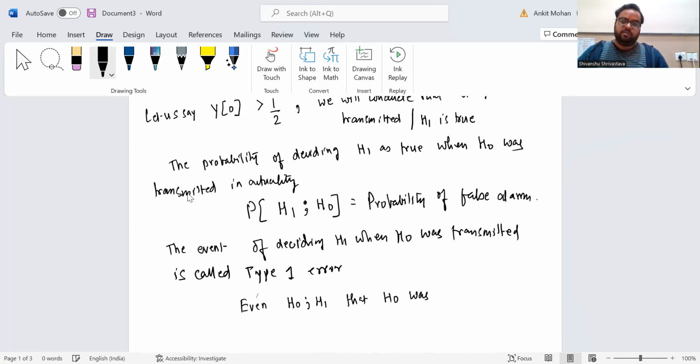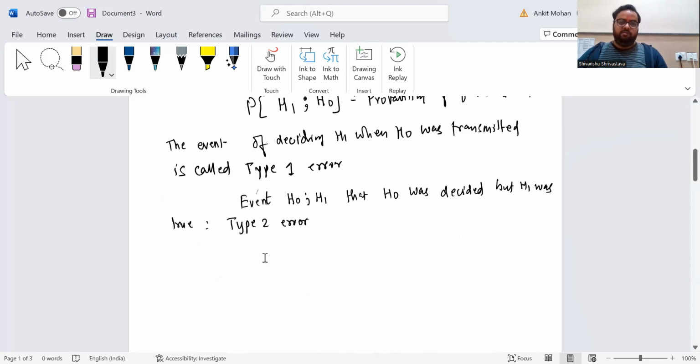This event is called the type 2 error, also called a misdetection event.